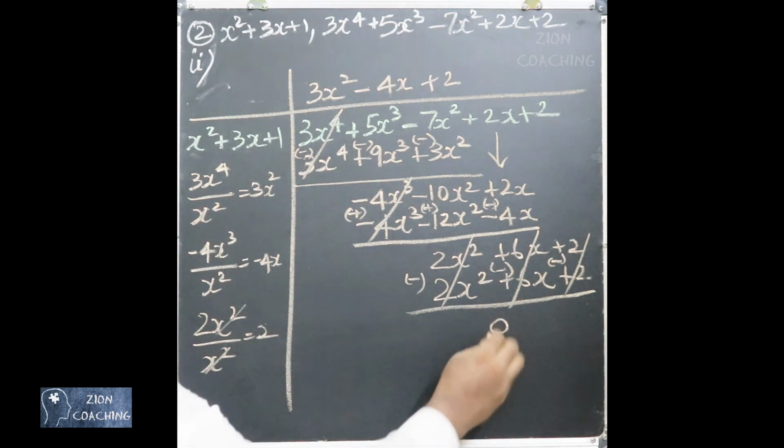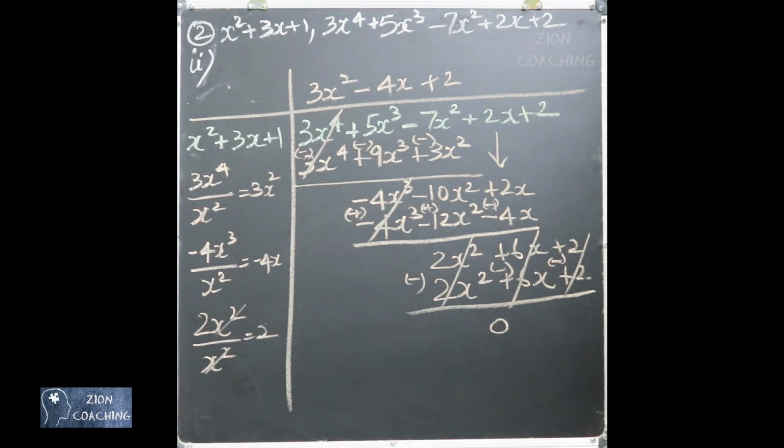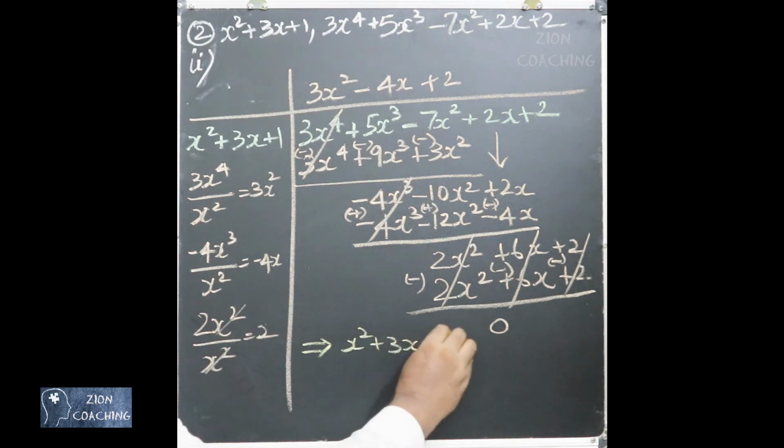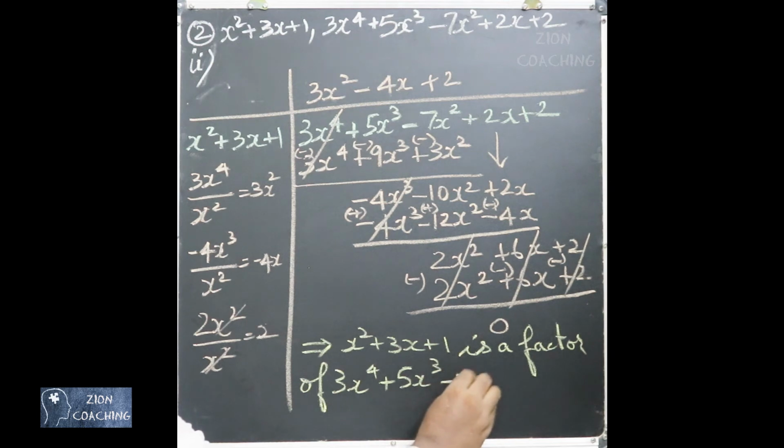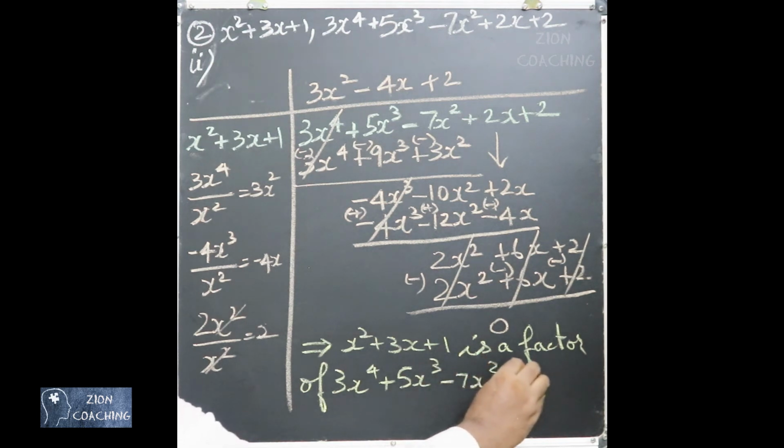So the remainder becomes 0. That implies, since the remainder has become 0, we can say that x squared plus 3x plus 1 is a factor of 3x power 4 plus 5x cube minus 7x squared plus 2x plus 2.